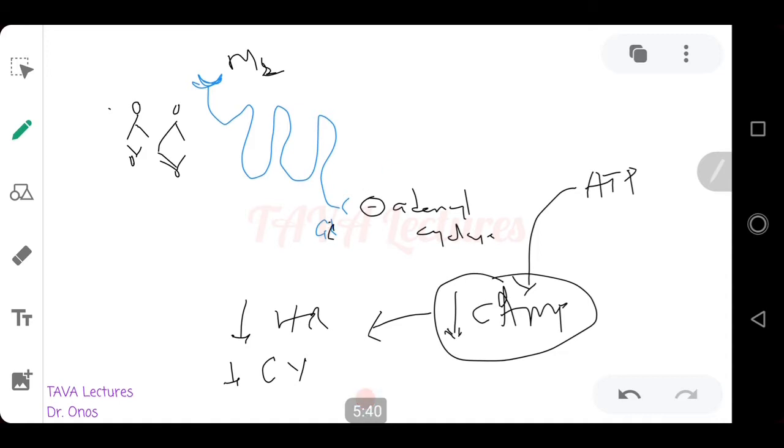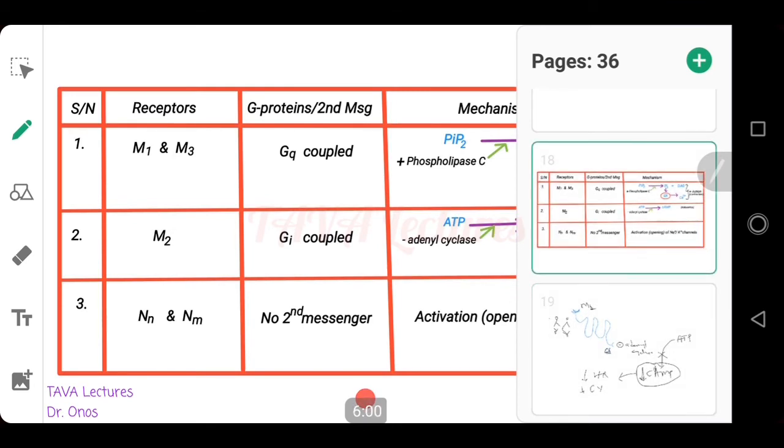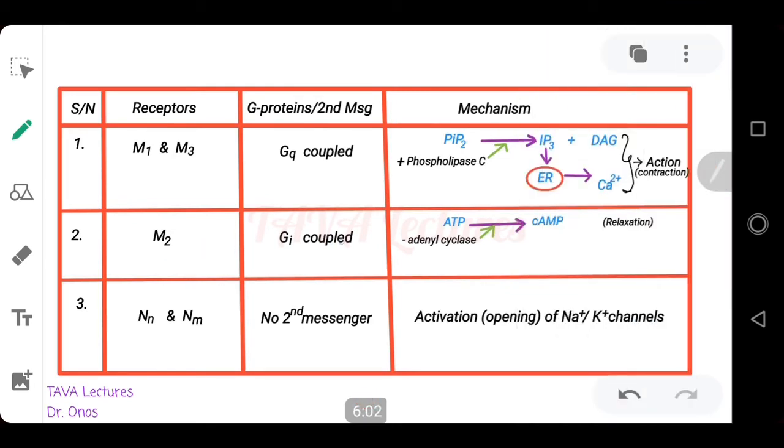M2 receptors are GI coupled, and they inactivate adenyl cyclase. ATP can no longer be converted to cyclic AMP, so there's a decreased amount of cyclic AMP, producing decreased heart rate and decreased conduction velocity. That's what we explained here: M2 receptors, GI coupled, inactivate adenyl cyclase, and ATP can't be converted to cyclic AMP, mediating relaxation.